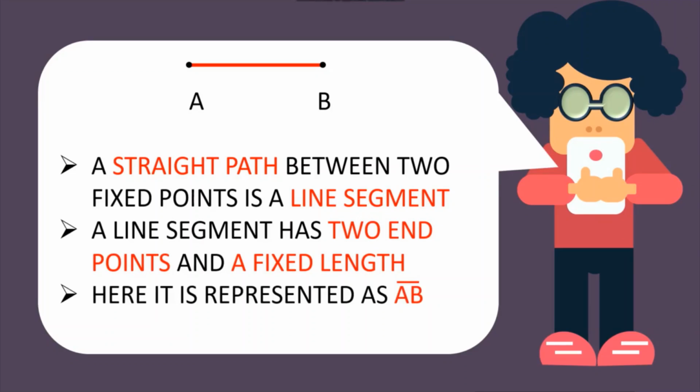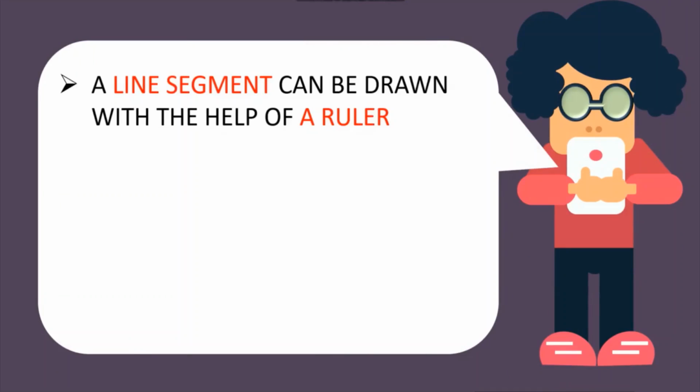Here it can be represented as AB. In order to symbolically represent a line segment, we write it as AB and a bar is drawn over the two points. A line segment can be drawn with the help of a ruler.